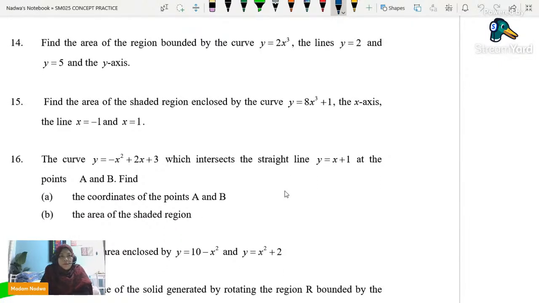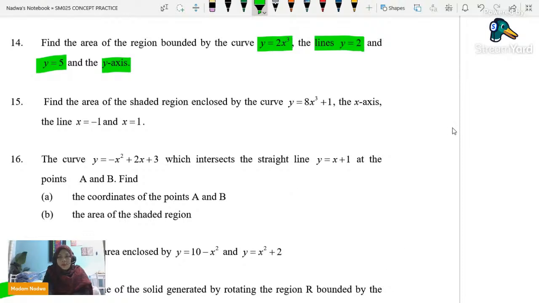Okay, so question 14. Find the area of the region bounded by the curve y equals 2x cube, lines y equals to 2, y equals to 5 and the y-axis. So dia ada bagi 4 benda ni dekat kita and dia suruh kita find the region bounded by these 4 things that we have here.